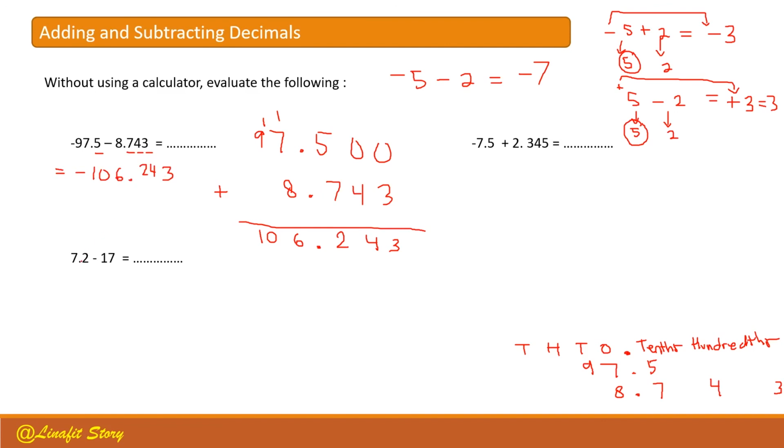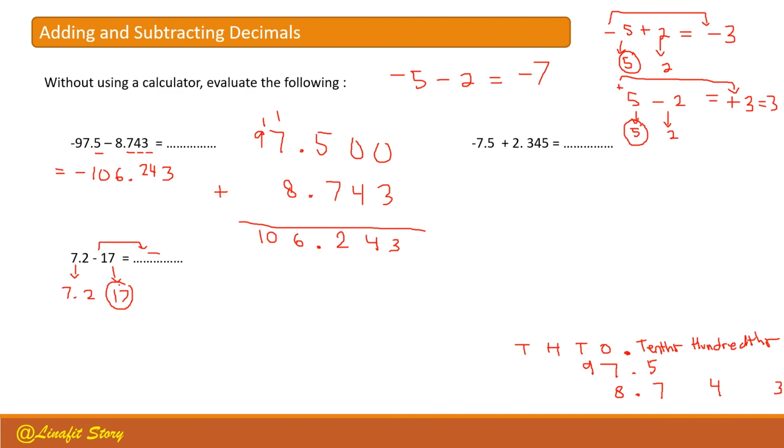Next, 7.2 minus 17. The absolute value of positive 7.2 is 7.2. Then the absolute value of negative 17 is 17. Which one is bigger? 17. Then you copy its sign. So the answer is negative.